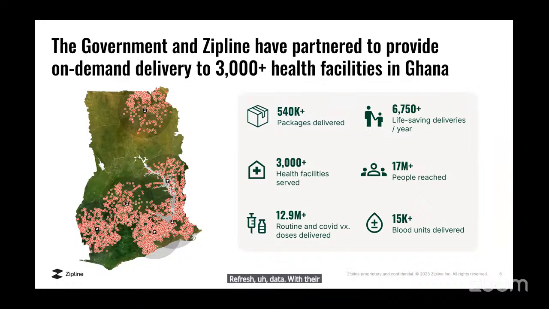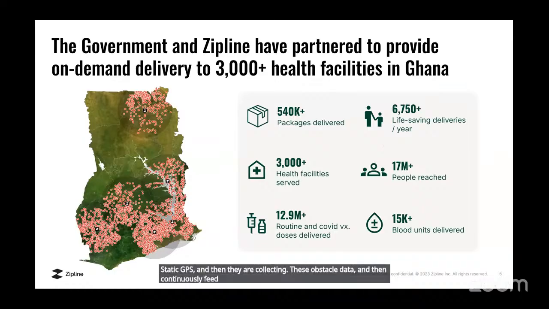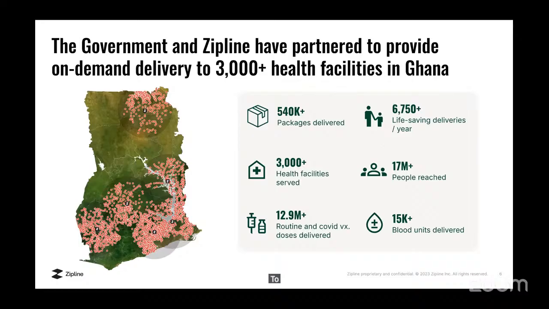But even before the 6 months, we are always deploying people to the sites, and they have static GPS, and they are collecting obstacle data and continuously feeding that data to us so we can adjust our planning.